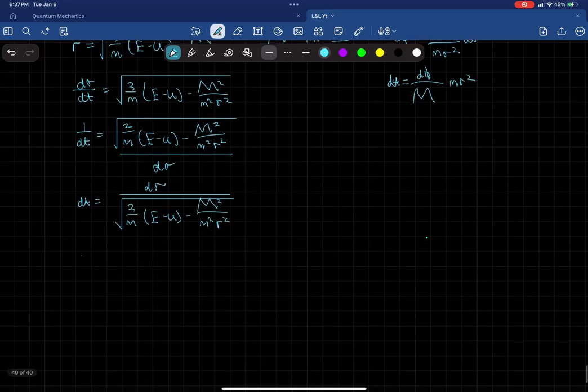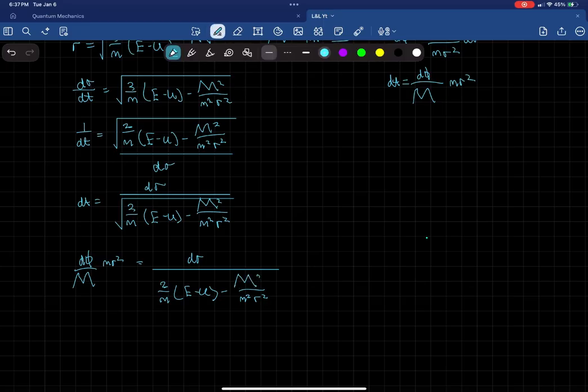So we get d phi over capital M over m r squared is equal to dr over the square root of 2 over m times E minus U minus capital M squared over m squared r squared, all inside of a square root.